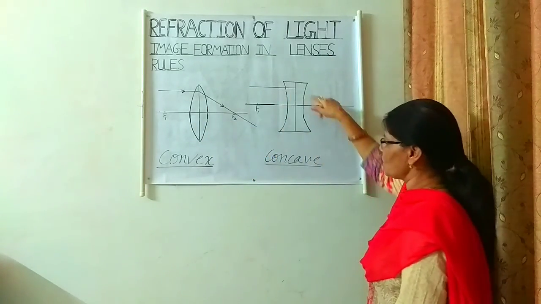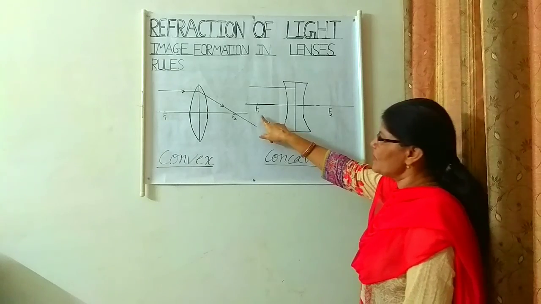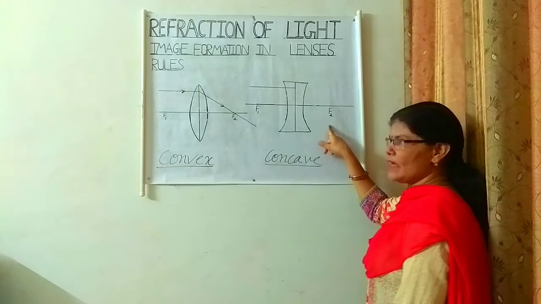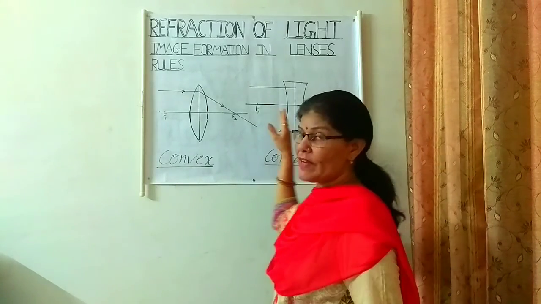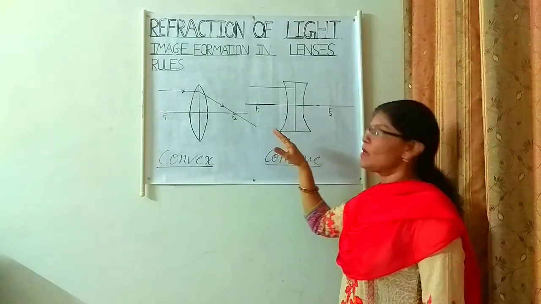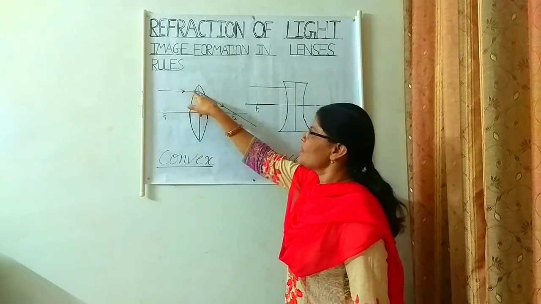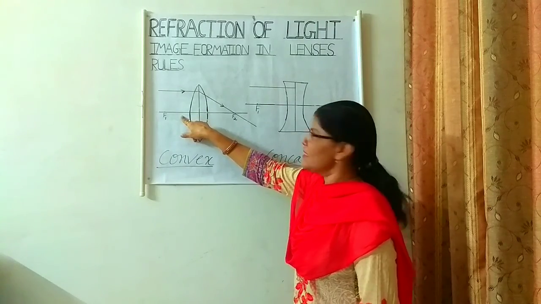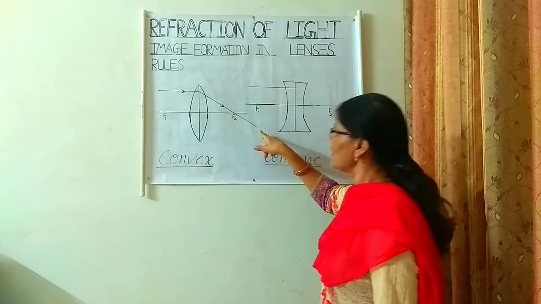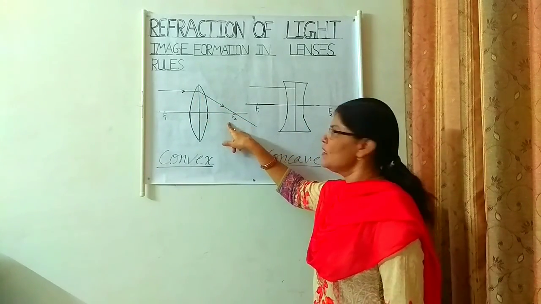In the case of concave lens also, we have 2 principal focus, F1 and F2, as we have 2 refracting surfaces here. So the first rule is when an incident ray comes parallel to the principal axis, then the refracted ray will pass through the principal focus.